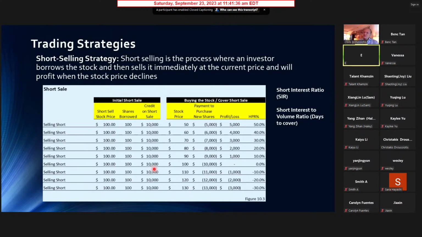So you have to put cash into the credit account, or you have to go and buy the stock now at a high price and admit you lost money. If the stock was 100 and it's now 120, you have to find another $2,000 for the 100 shares you borrowed. So you lost $2,000 because you need to pay more than what you got.